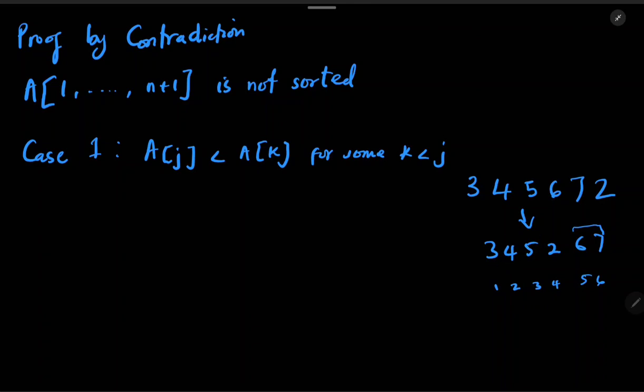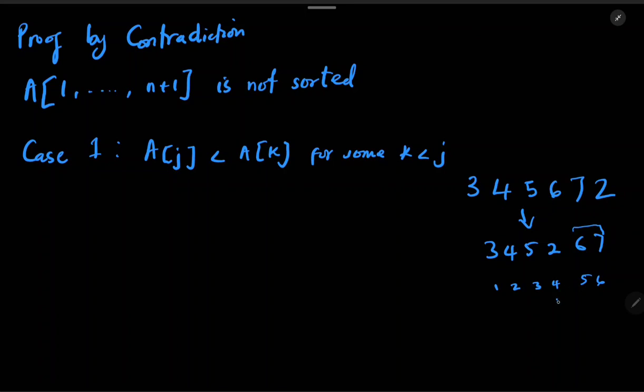Let us now translate this: we say AJ is less than AK for some K less than J. Since K less than J is positional, let's translate this into these numbers that I've written here.